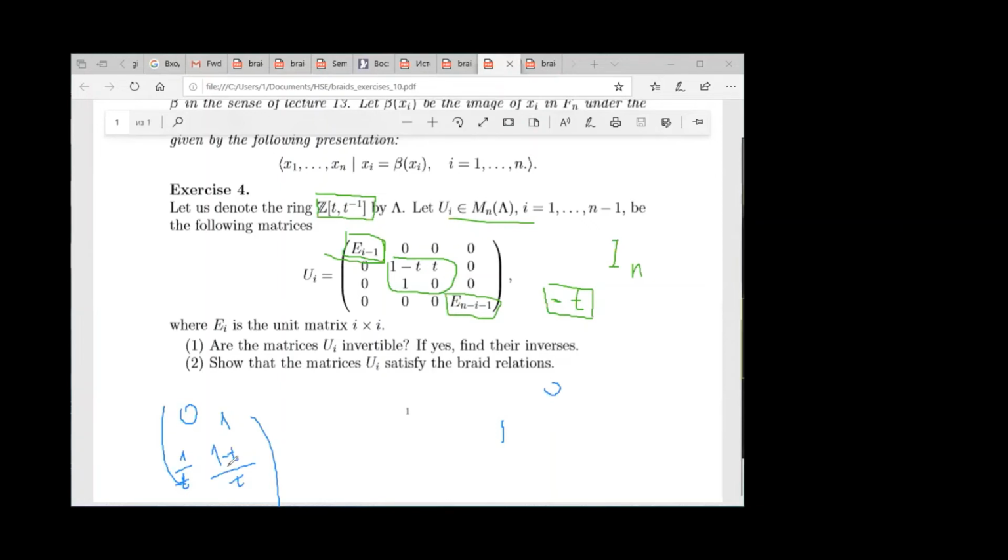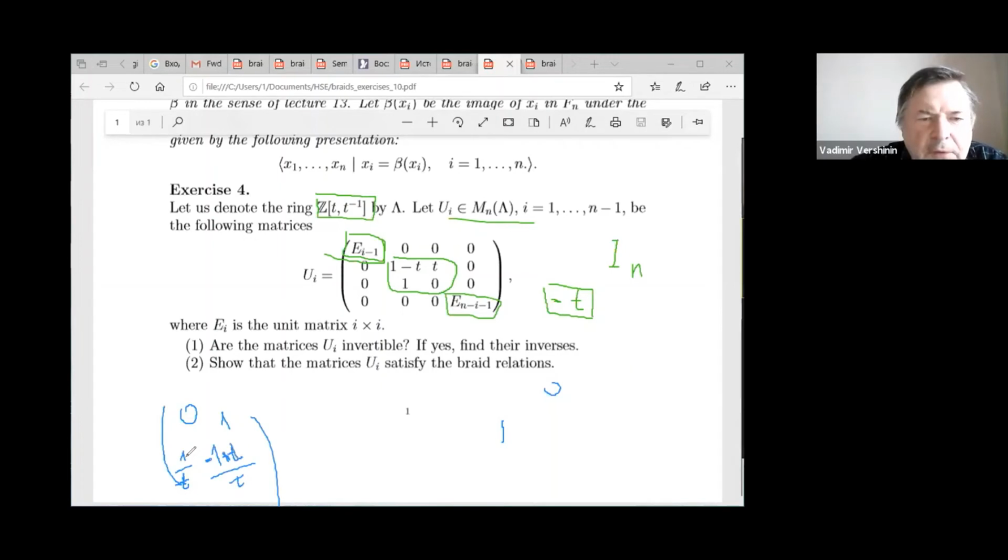No. Okay. This sign is okay, so yes. Right, in order to go. Yes. Very good.